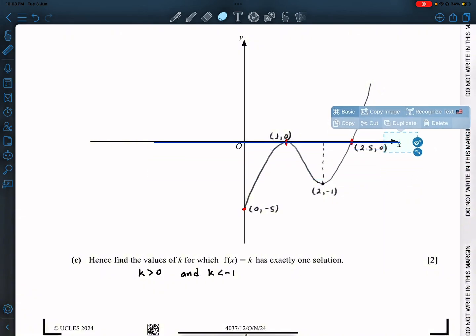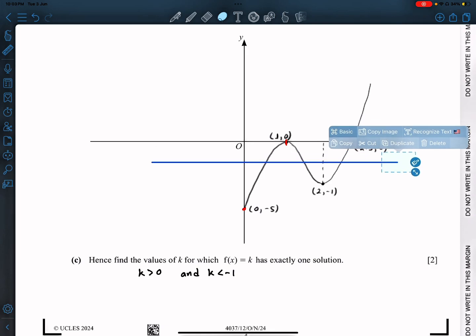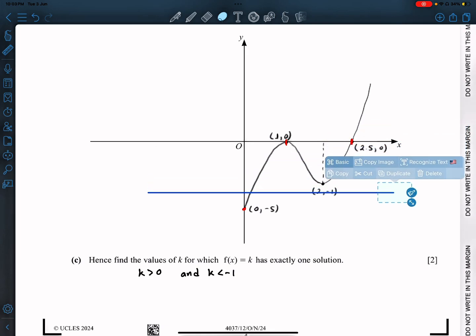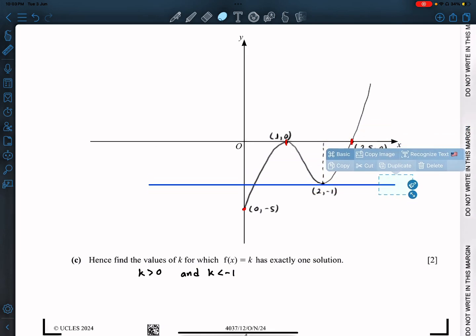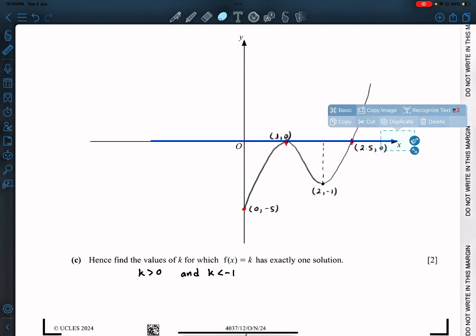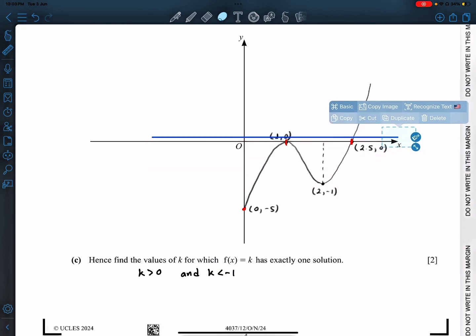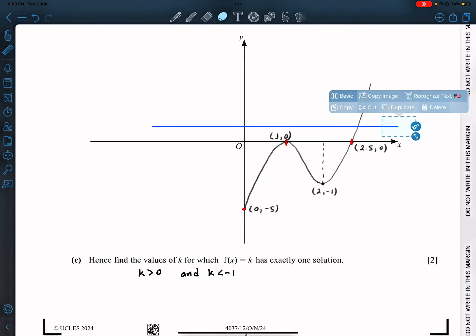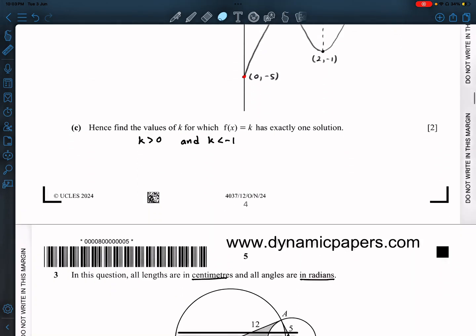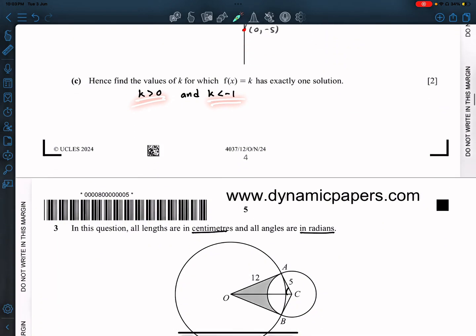So it's below minus 1 and above 0. So our values of k for which f of x equals k has exactly one solution is k is greater than 0 or k is less than 1.